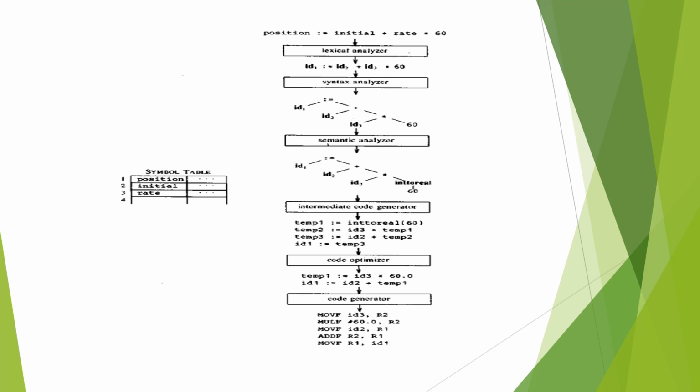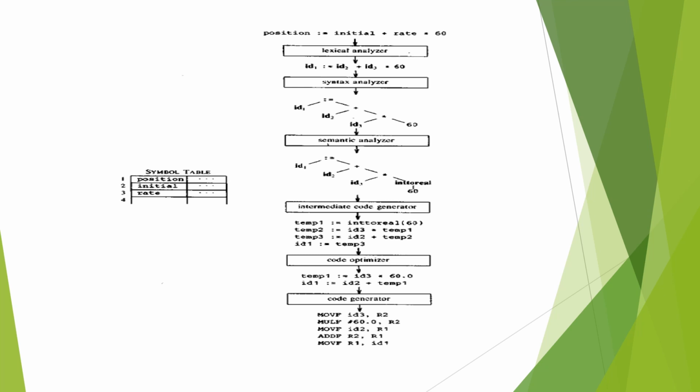Next statement, temporary variable 3. Next here is id2 plus this whole thing, right? Everything is available in temporary variable 2. So we can write temporary variable 3 is equal to id2 plus temporary variable 2. Next, id1 is equal to temp3. Next, it enters the code optimizer. The optimizer reduces the code, right?